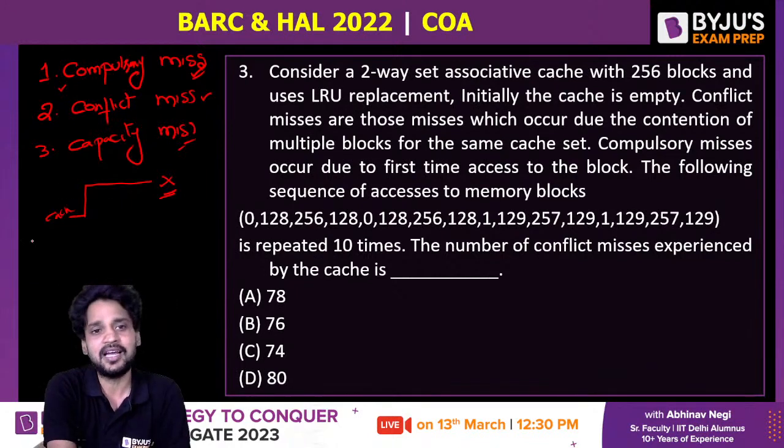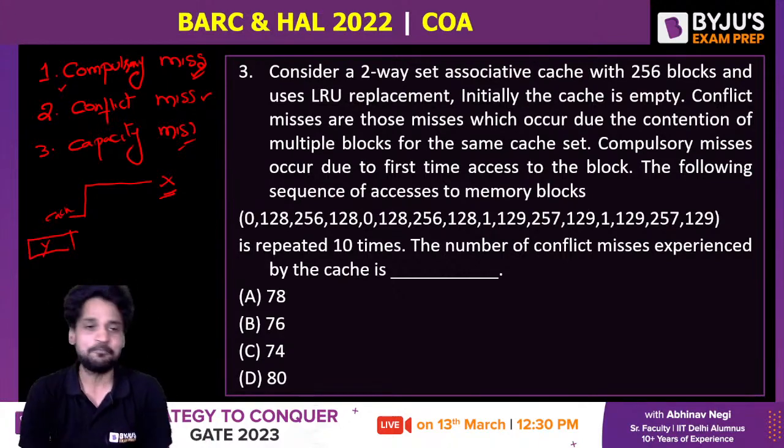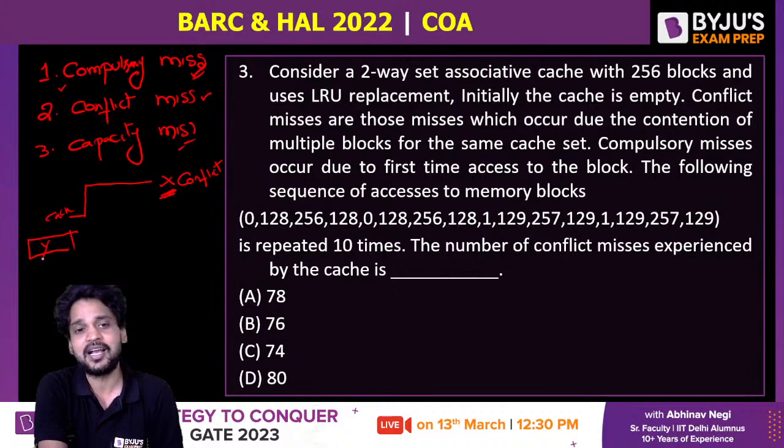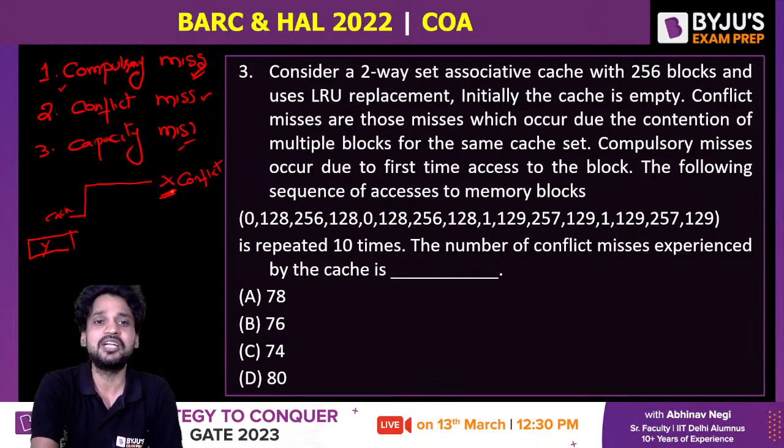But the cache memory already has one more block, because this X and the already available block Y are mapping to the same set because of the mapping technique. So X now is going to experience a conflict miss, because X is going to replace one more block which is already there in the cache memory due to the conflict of the indexes.